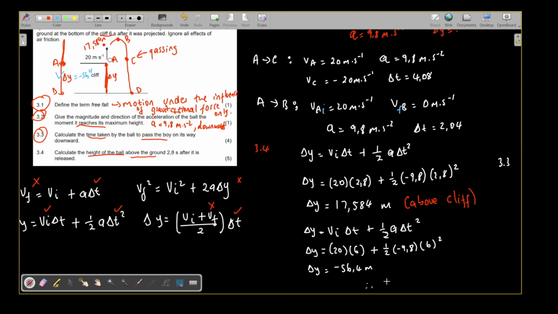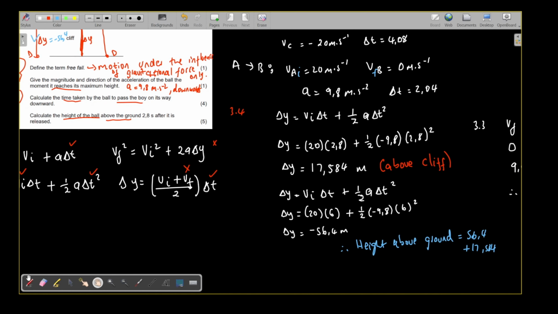So therefore, let me write that: the height above the ground would be the height of the cliff, which is 56.4, plus the 17,584, which is the height above the cliff.